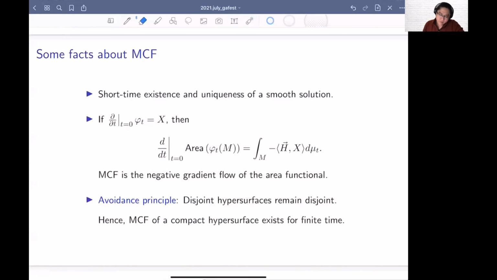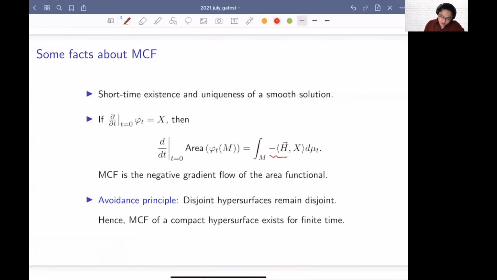Now, if we vary the embedding in direction X, then one can compute the first variation and realize that this is the first variation. Because of the minus mean curvature vector term here, this tells us that the mean curvature flow is in fact the negative gradient flow of the area functional. So this gives it a variational structure.